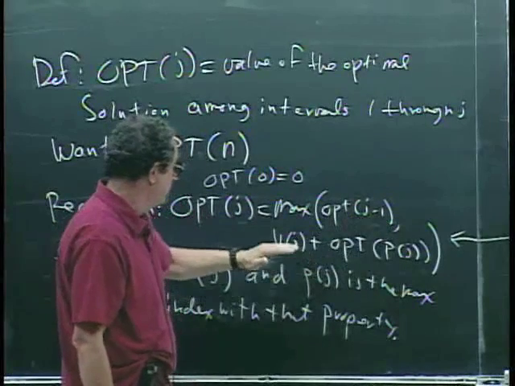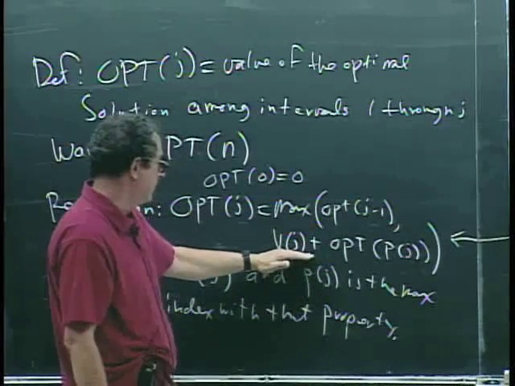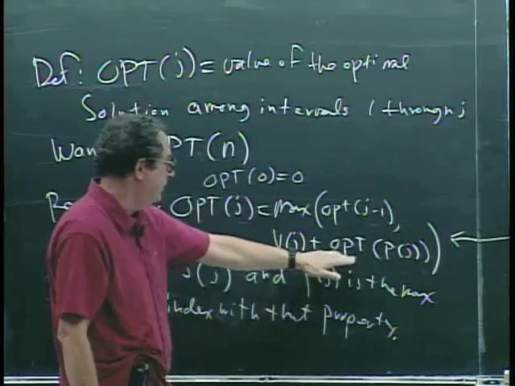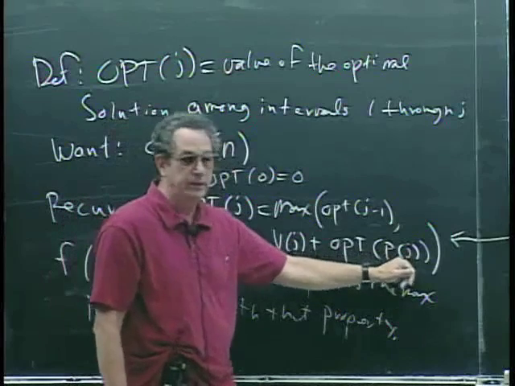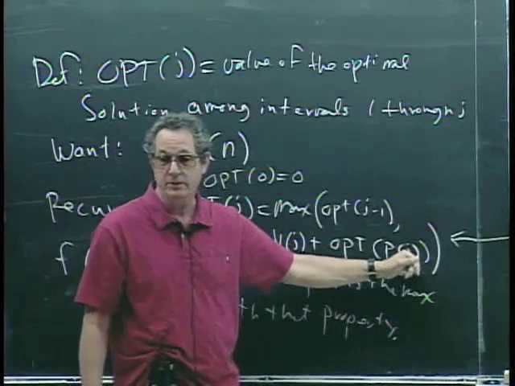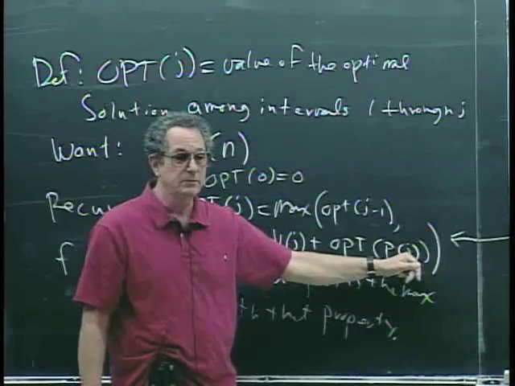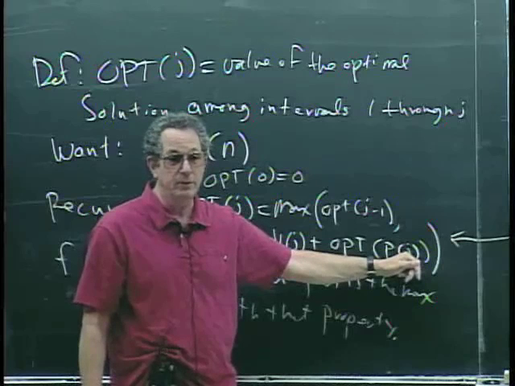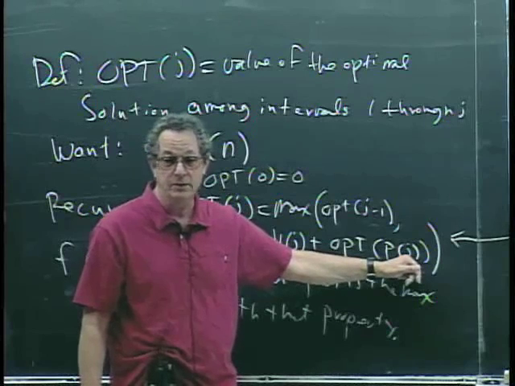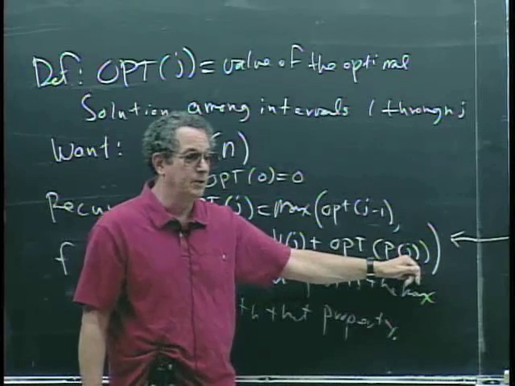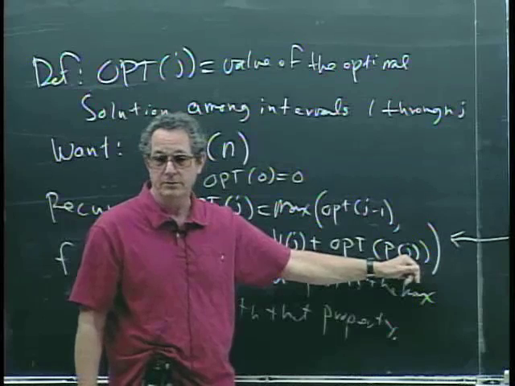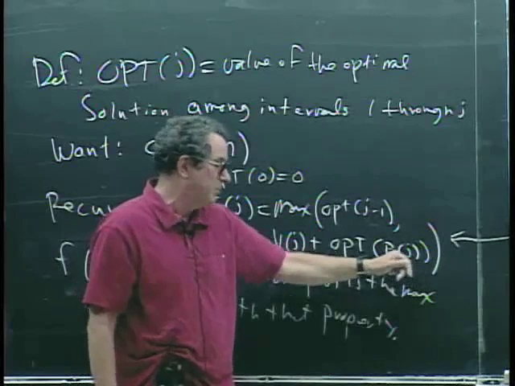And you need vj, which of course you have as part of the input, v of 26, and you need opt of p of 26. Well, what is p of 26? We don't know, but it's less than 26, right? So we definitely have that available too.